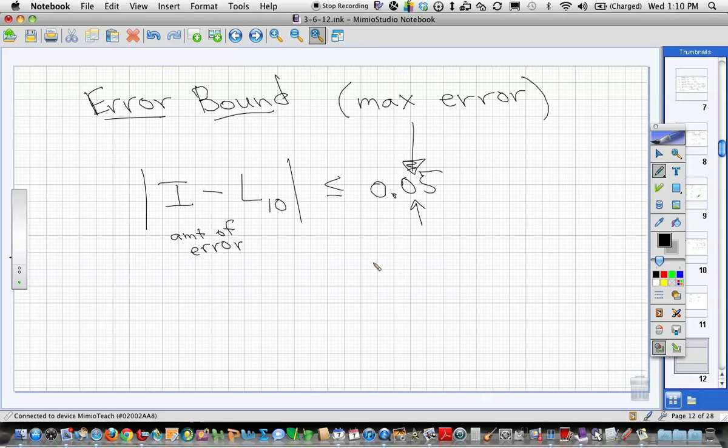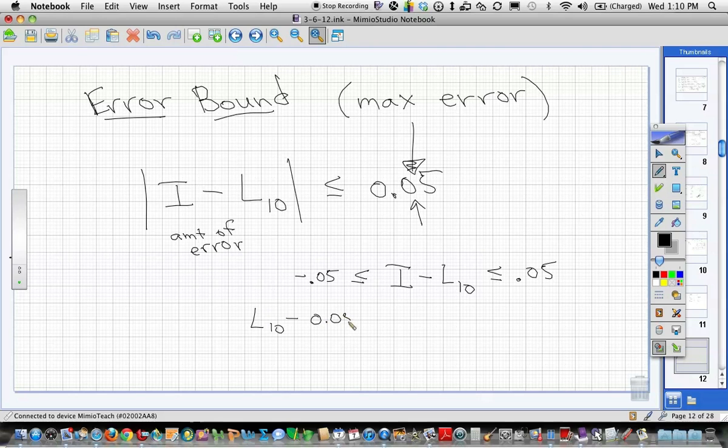Okay? Now, if we remember from algebra, we could take the bars off of there and we could put 0.05 on this side and negative 0.05 on this side. Right? That's one of the things you did with absolute value equations. We can add L10 to both sides.